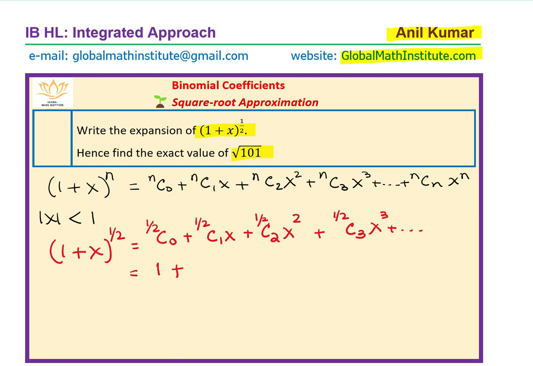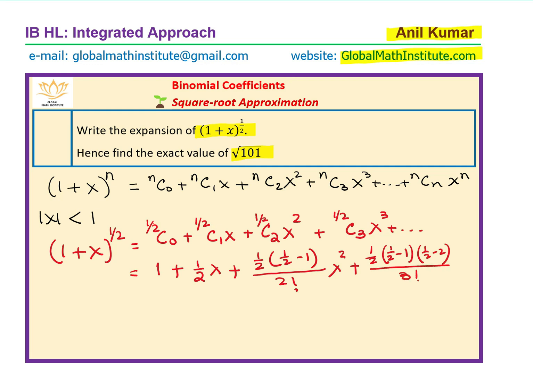So 1 plus half C1 is half x, plus half C2 will be half times (half minus 1) divided by 2 factorial, and we have x squared here, plus half of (half minus 1) times (half minus 2) over 3 factorial times x cubed, and so on, right?